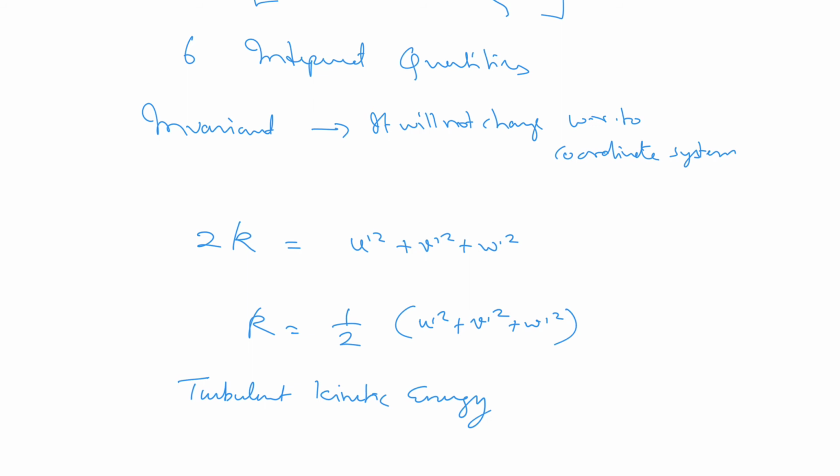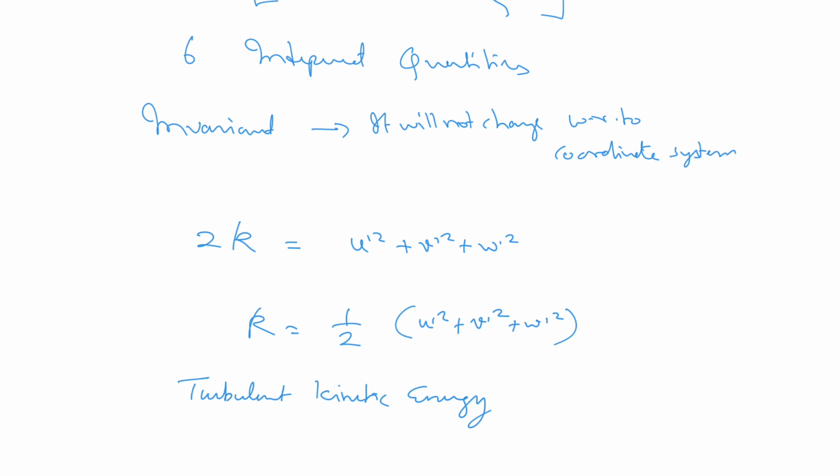So if you are given a Reynolds stress tensor, you can take the first invariant, that is the trace of the matrix, and you can equate it to 2k, that's the definition, which will tell you about the turbulent kinetic energy. How we are arriving at the name turbulent kinetic energy is by this U square, V square, W square.